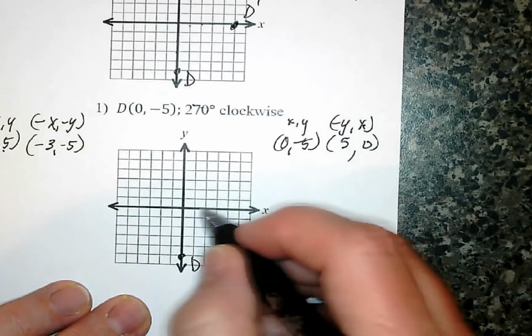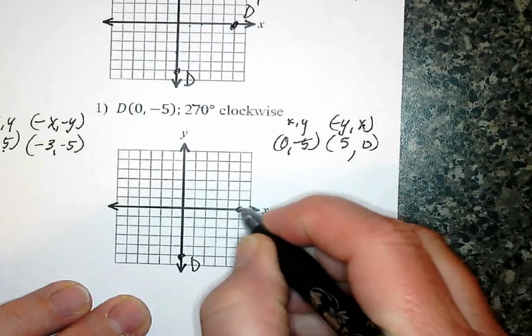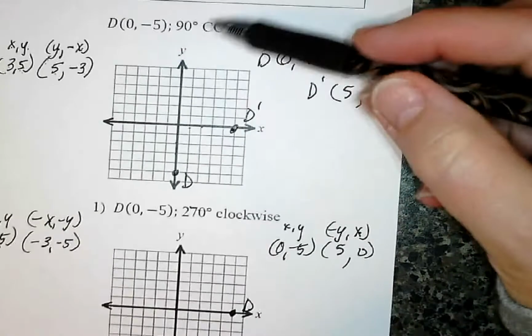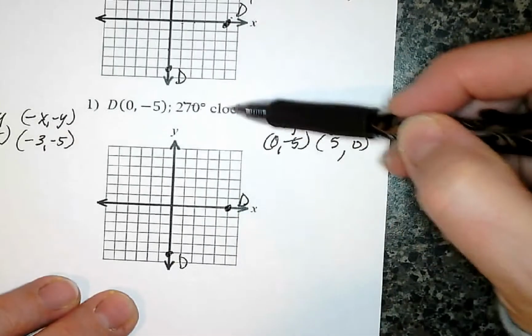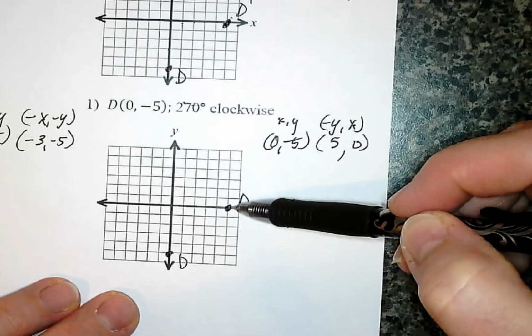So that's going to be out here. Well, what do you know? 90 degrees counterclockwise and 270 degrees clockwise are the same thing.